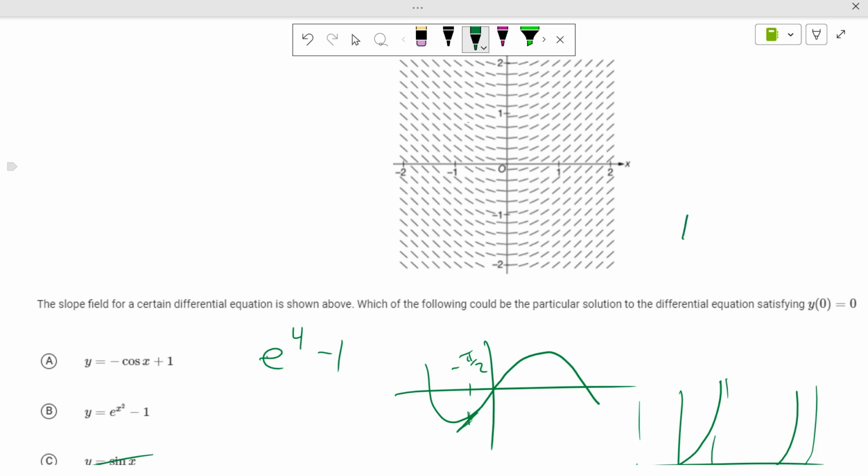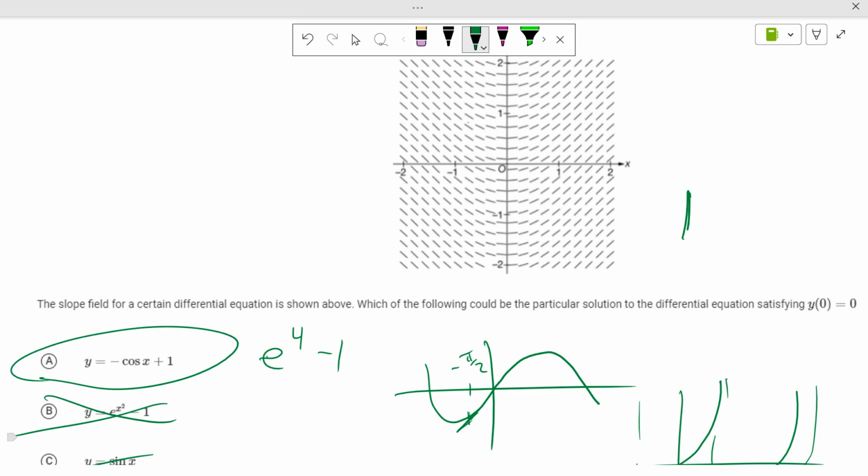A slope of 53 would be about a vertical line, right? At 2, it should be a vertical line. Well, it looks like it's flattening back out, kind of like the cosine curve would do. So it must be A.